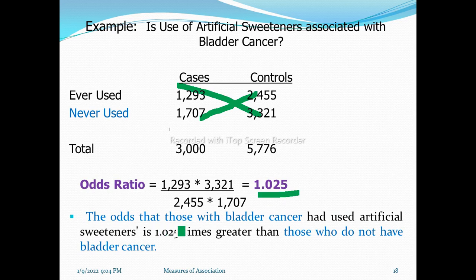So the odds that those with bladder cancer had used artificial sweeteners is 1.025 times greater than those who do not have bladder cancer.